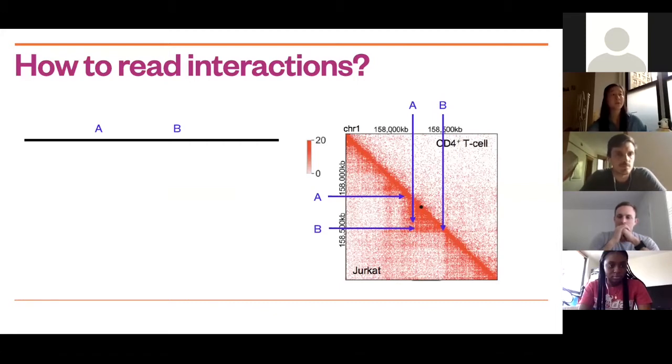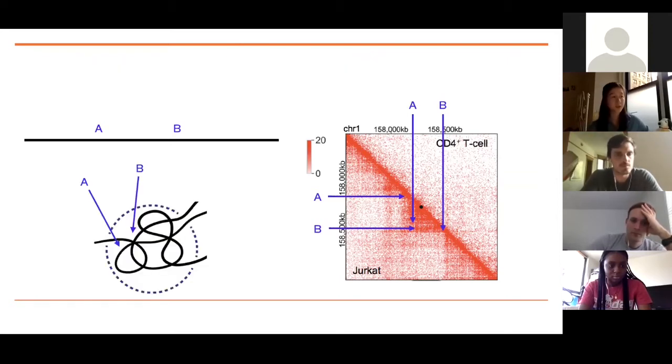If you take, for example, point A on a piece of DNA and point B on a piece of DNA, you can see them on the contact map. This is really hard for me to show now because my mouse isn't showing up, but basically from point A and point B, you can go down either the y-axis or the x-axis and see the point of interaction.